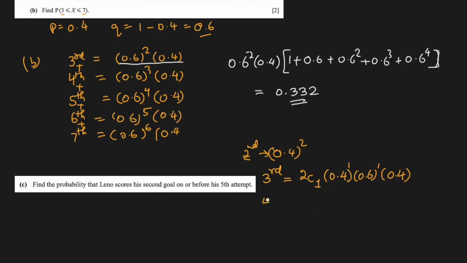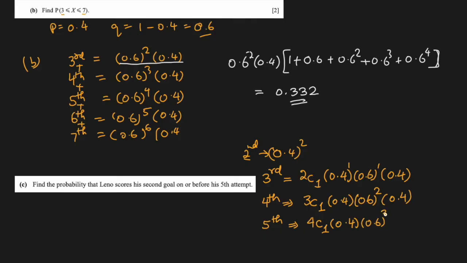Now the fourth: out of the previous 3 attempts he gets success in one of them, with 0.4 probability, and failure in 2 of them. Which 2 we don't know, but this is how we can do it. And then in the fourth attempt he gets the success. Now for the fifth attempt, he gets the second success, so in the previous 4 attempts he gets just 1 success, fails in 3 out of those 4 attempts, and then the 5th attempt is a success.